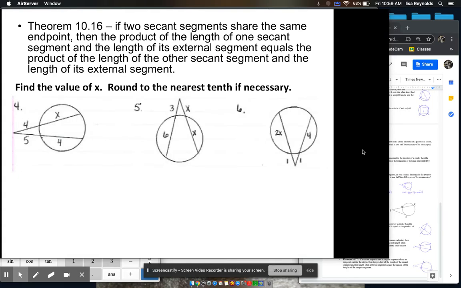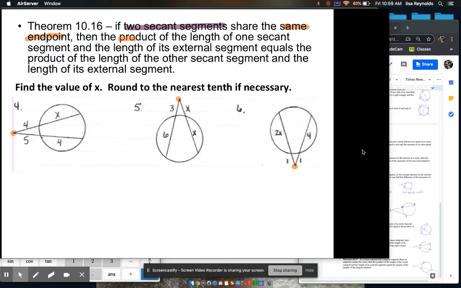So in the next one, we're working with two secant segments. So with two secant segments, they have to have the same endpoint. So we'll notice in each of these we have a common exterior endpoint.